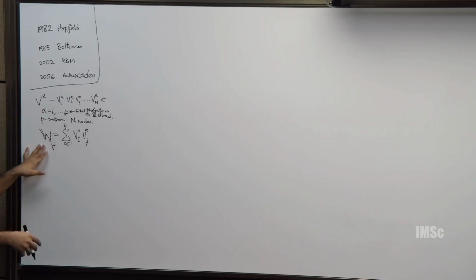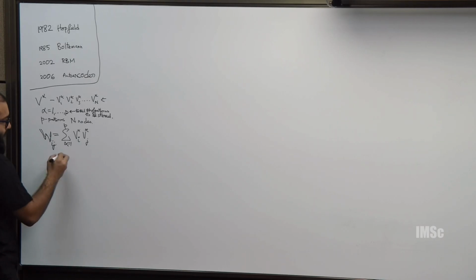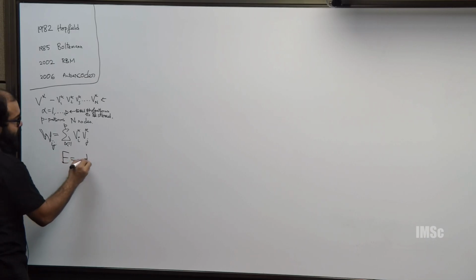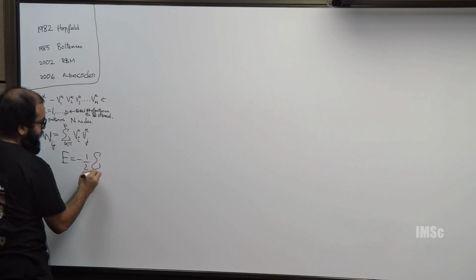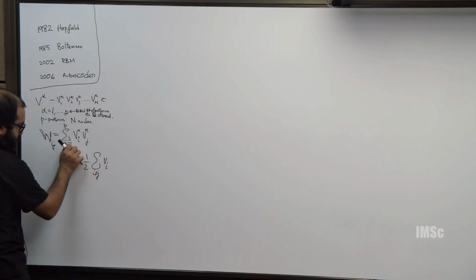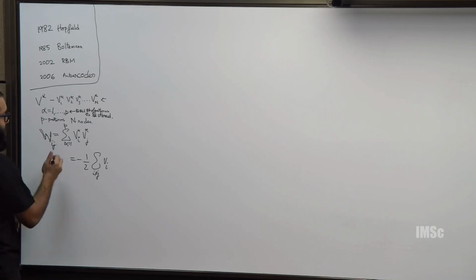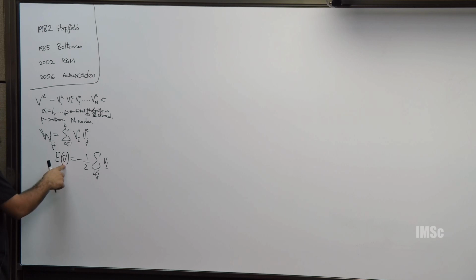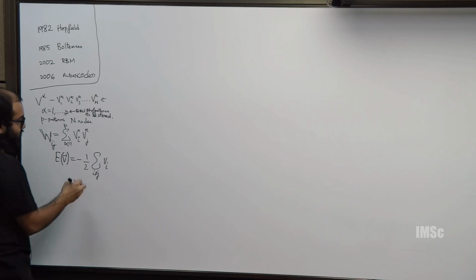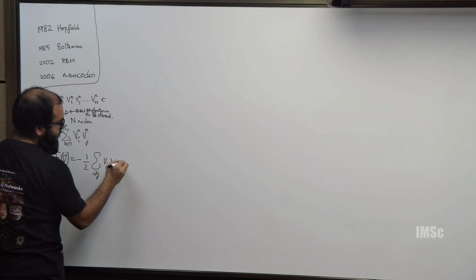This is the weight update rule, so that's how you specify the weights, and the energy of the system is given by the normal Ising Hamiltonian, right? The energy of the system in state V vector is the sum of V i W i j V j.